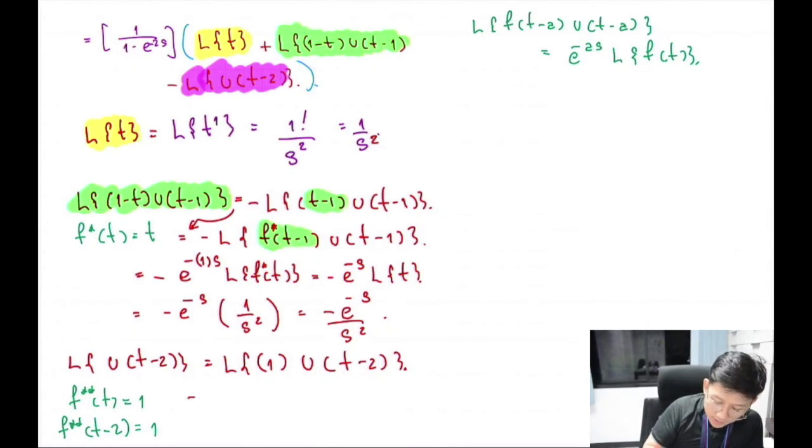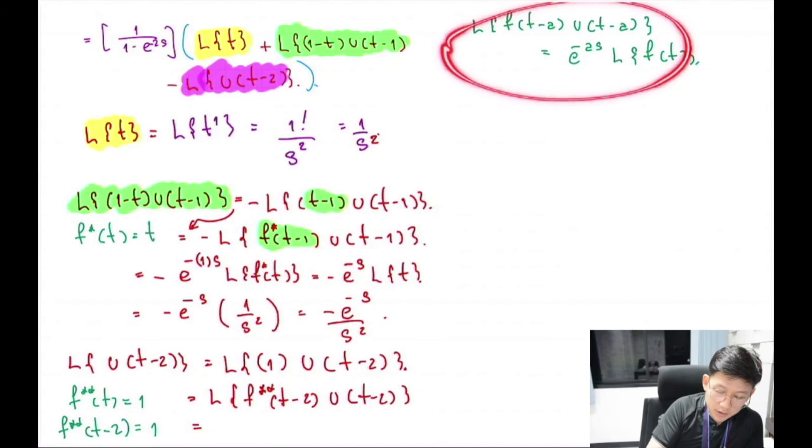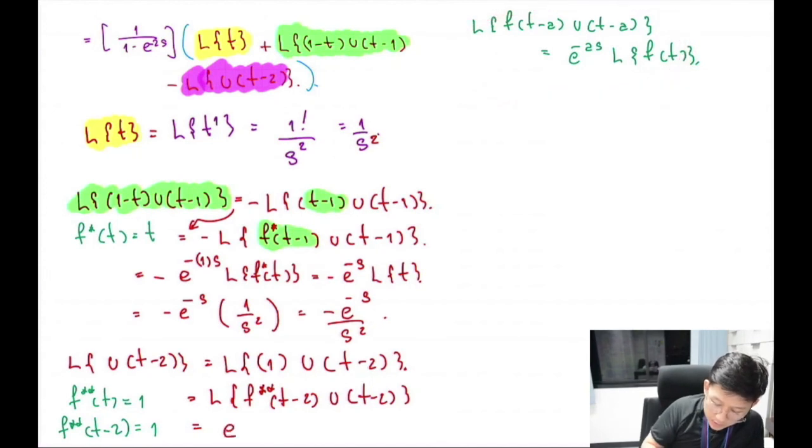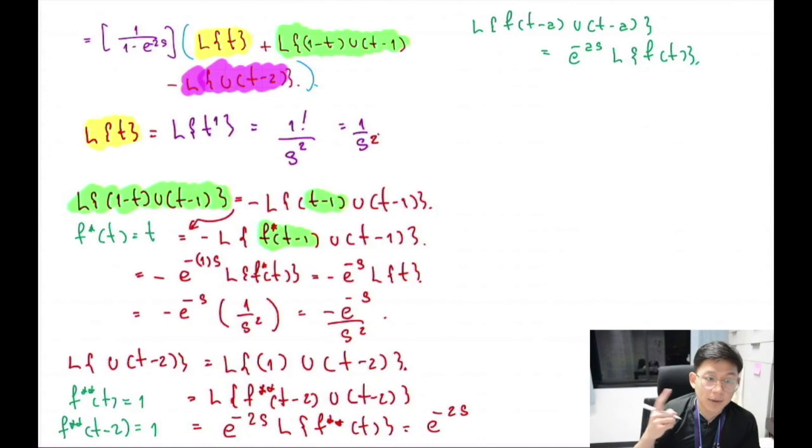So here I can write it as the Laplace transform of f double star of t minus 2 times u of t minus 2, and using this property, that is going to be e to the minus 2s times the Laplace transform of f double star of t.